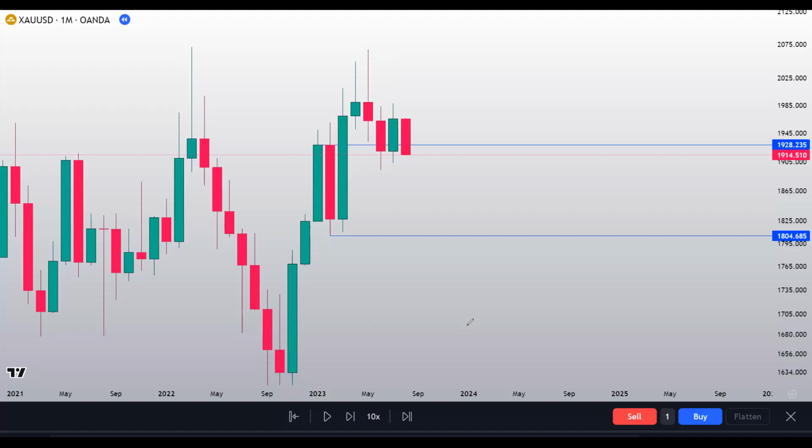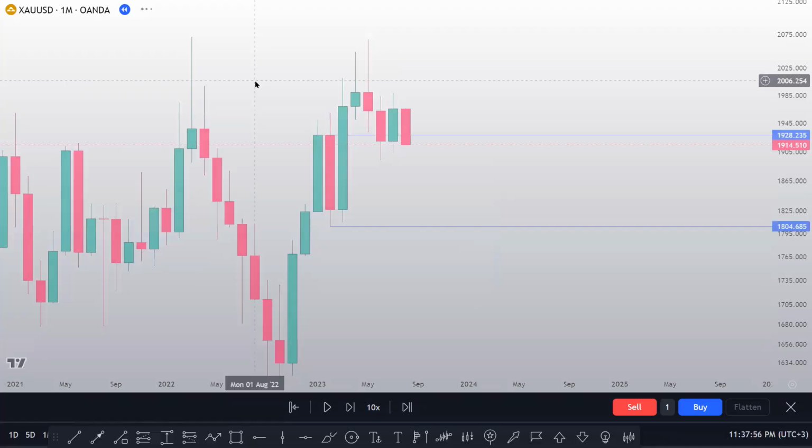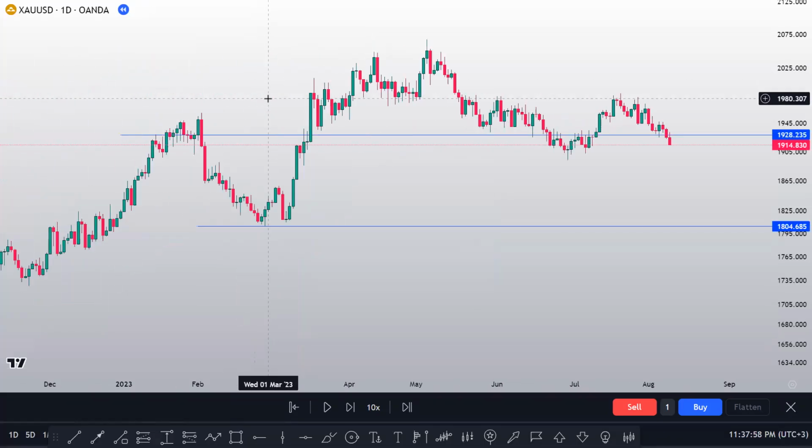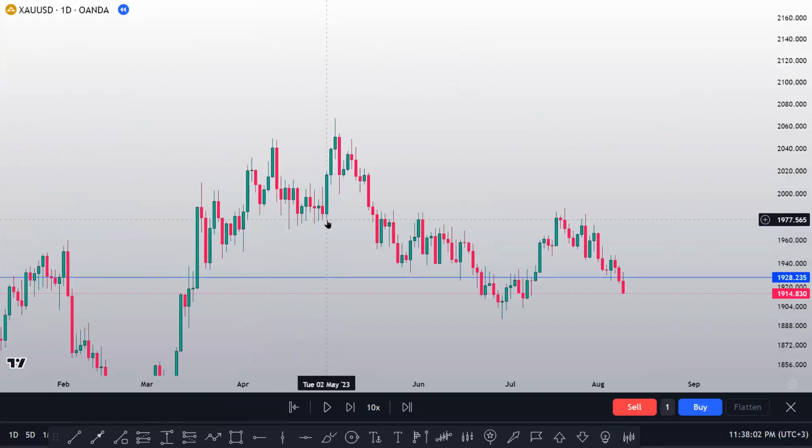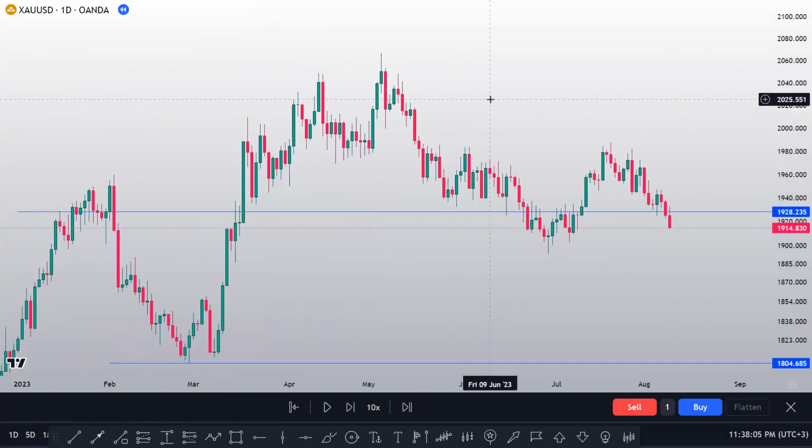So if I come to the daily time frame and observe a shift point, as you can see, we had a shift on the daily time frame. So now I know this market is going down to fill this monthly area of liquidity. By just observing this area of liquidity and also a shift point on this daily time frame, now I know gold is in a bearish trend.